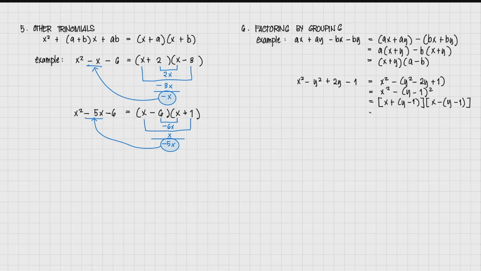Then simplify this. Let's just remove the parentheses. You have x plus y minus 1 times x minus y plus 1. And there you go. I think that is no longer factorable.